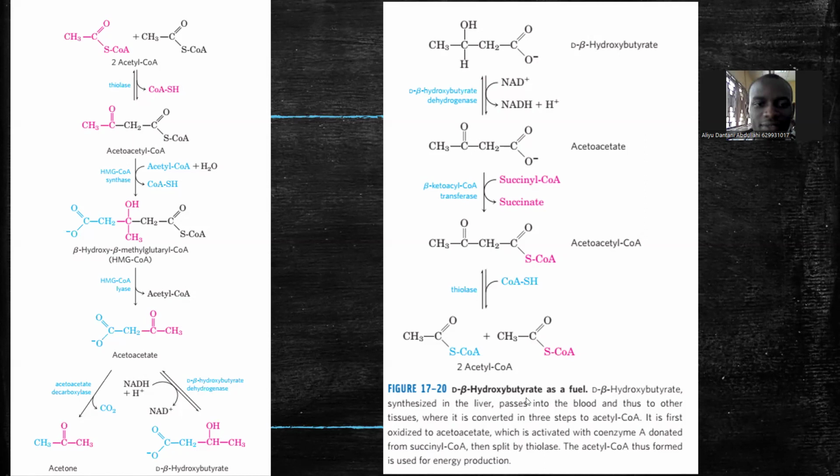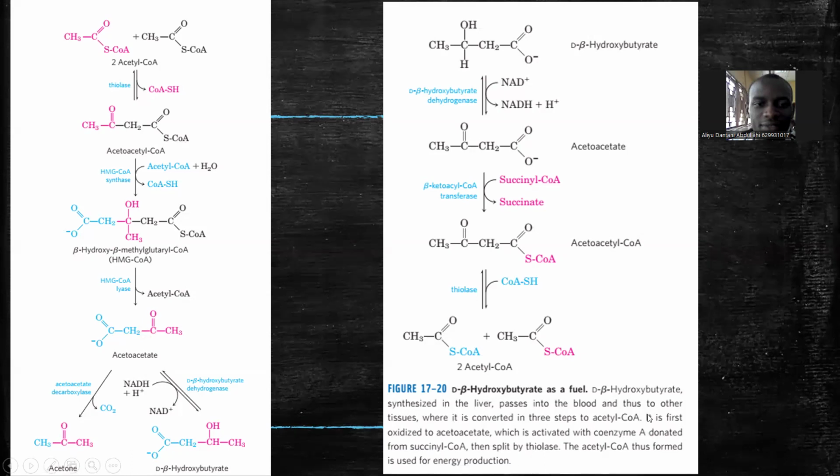Basically, beta-hydroxybutyrate can be used as fuel, like we mentioned in your lecture note. Beta-hydroxybutyrate is synthesized in the liver, passes into the blood, and thus to other tissues where it is converted in 3 steps to acetyl-CoA. It is first oxidized to acetoacetate, just like acetoacetate was reduced to beta-hydroxybutyrate. So of course it can be oxidized back, right?